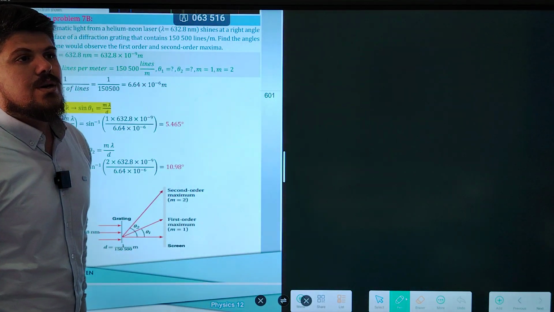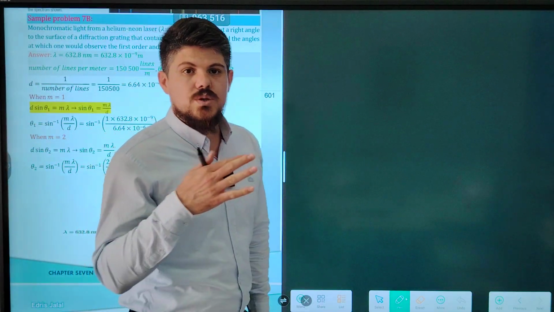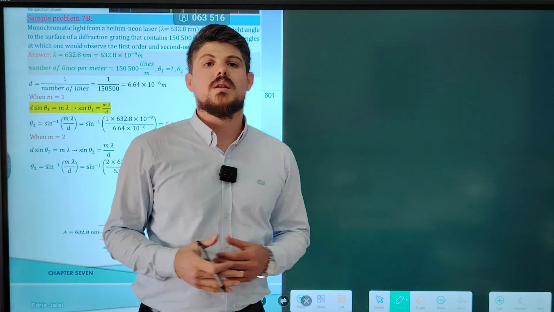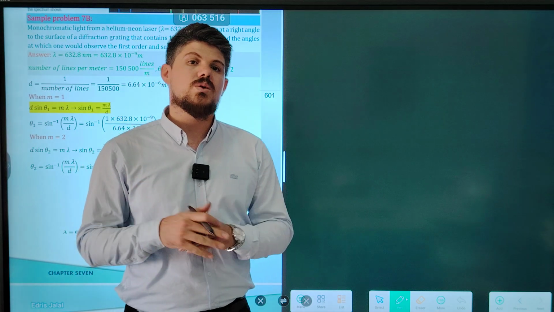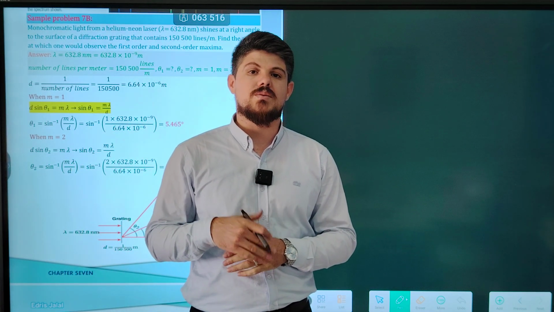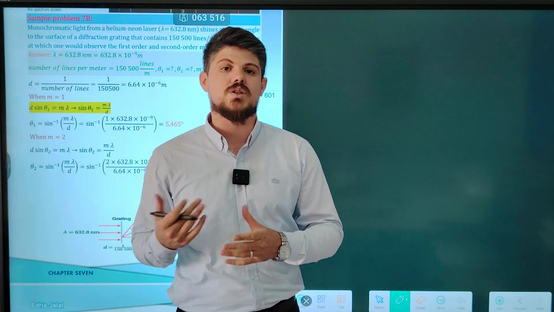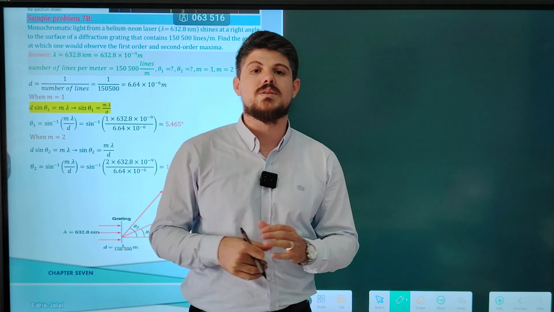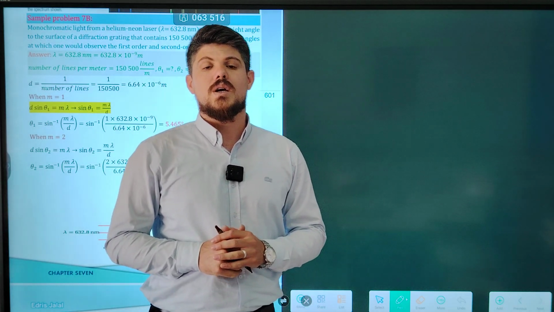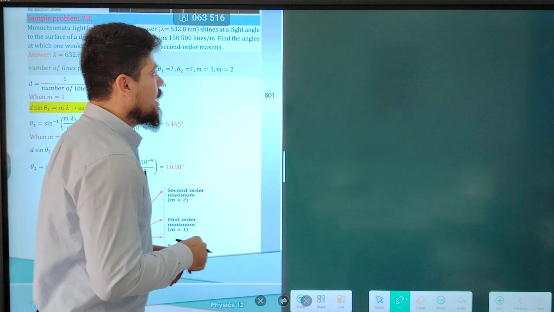And also we have gratings. When the light passes through the gratings that have many lines, this light also can be diffracted. As a result of the diffraction, the dark fringe and the bright fringe also occur. So exactly we have the same equation that we used in the interference of light in section 1.